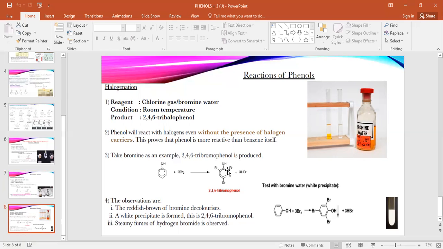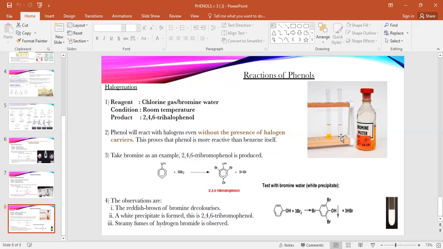Here one hydrogen, from here one hydrogen, from here one hydrogen, so a total of 3 hydrogen. 3 hydrogen we will replace with 3 Br. So only 3 Br, one at position number 2, another at position number 4, and the third one at position number 6. That's why we write 2,4,6-tri, meaning 3 bromo, and phenol because there is an OH group.